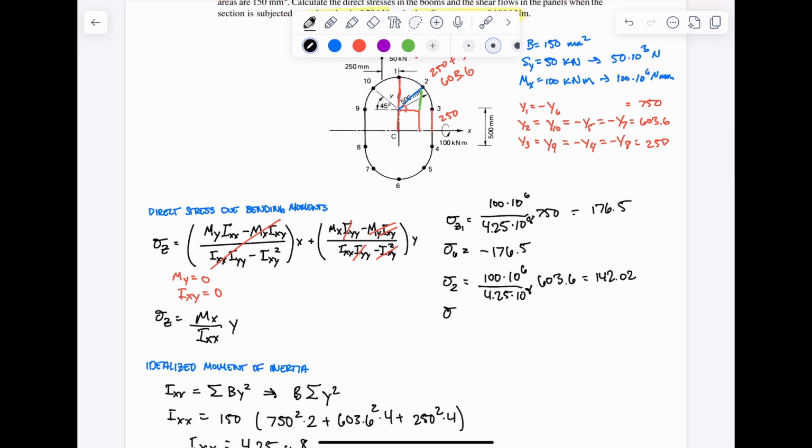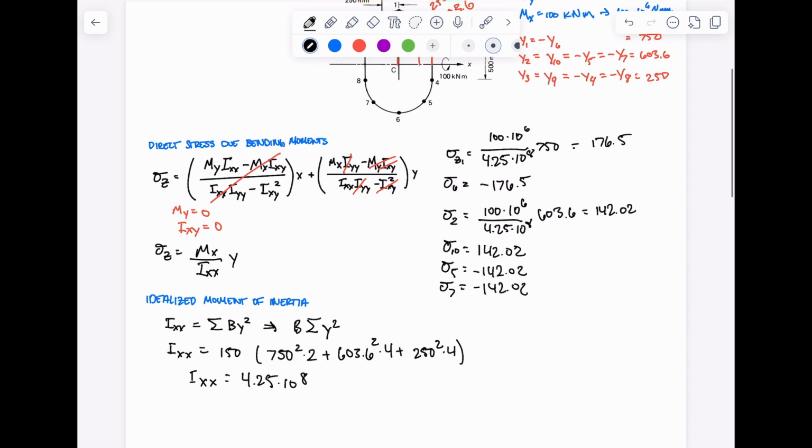And again, based off symmetry, we can say that 10, 5, and 7 are all the same, except for, let me write this, 10 is equal to 142.02, and then 5 is the negative of 2, so negative 142.02.